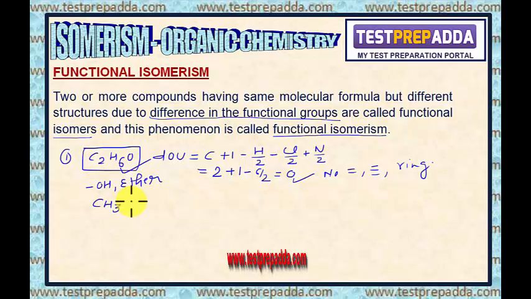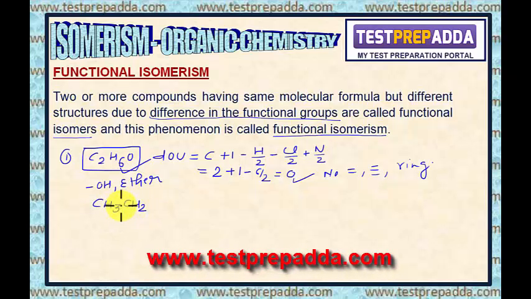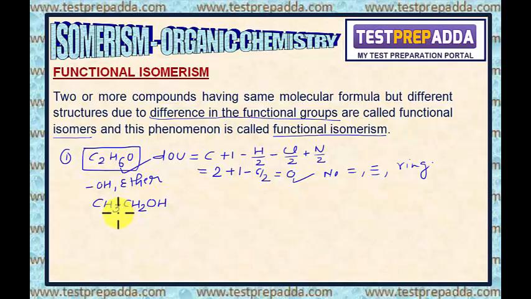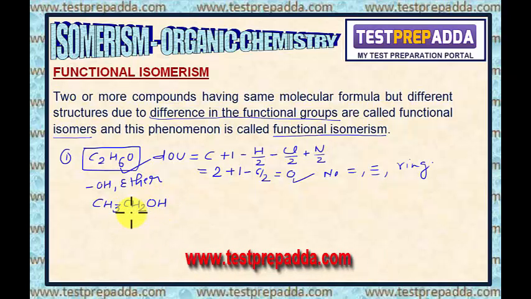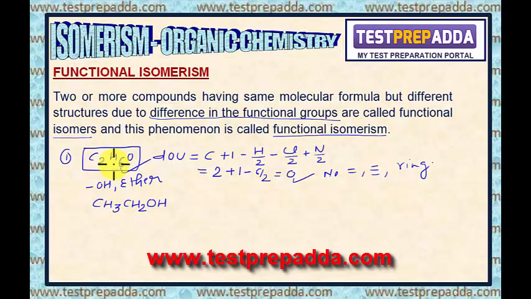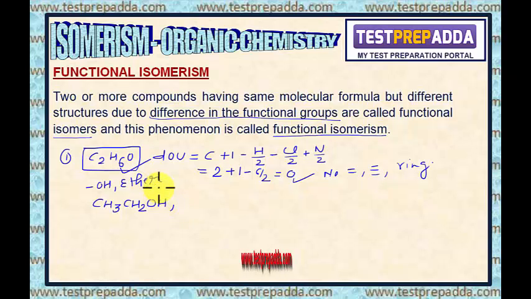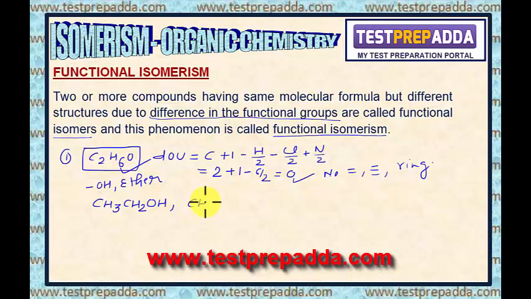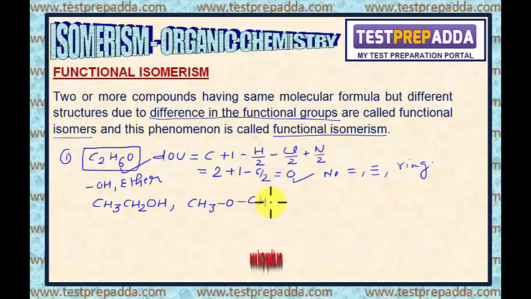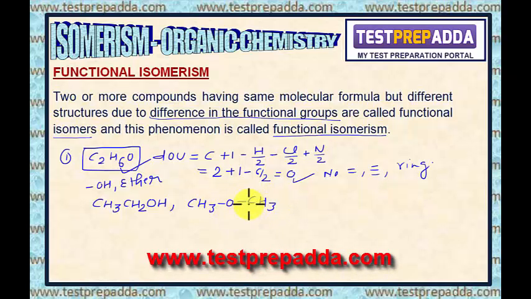CH3CH2OH: two carbon atoms, one oxygen, and you can see 6 hydrogen atoms. This is one isomer of this molecular composition, that is alcohol. Similarly, I'll write ether: CH3OCH3.